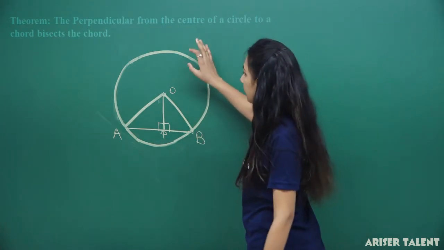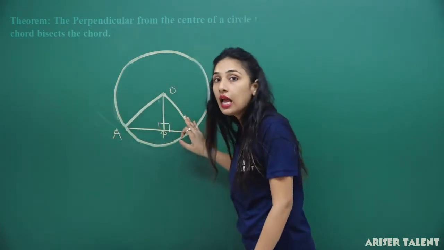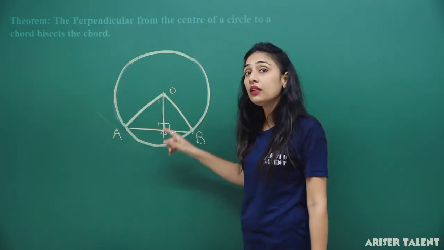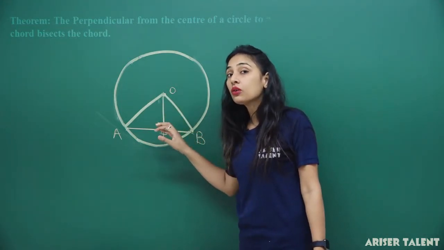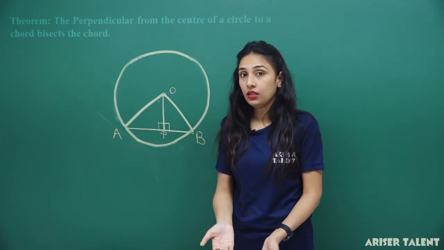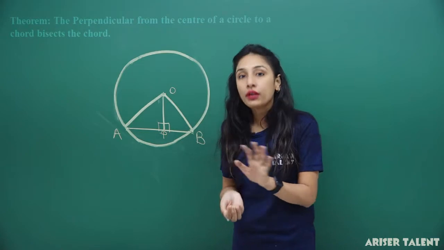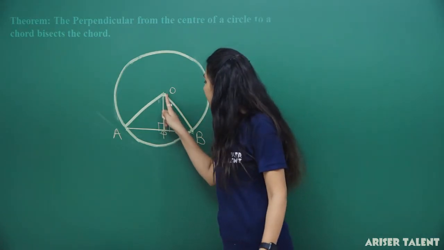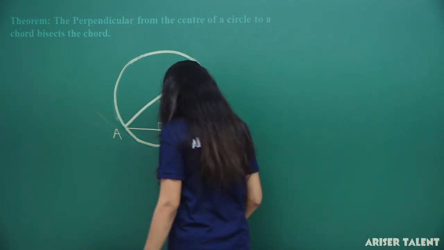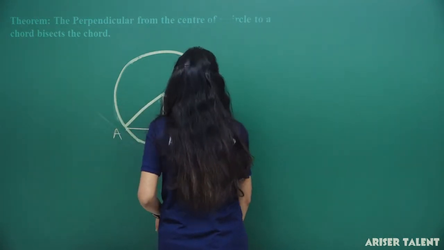So if you draw a perpendicular from the center to the chord, then this chord will be bisected. This is what you have to prove. What is given to you is that this is perpendicular, so we will make good use of it.